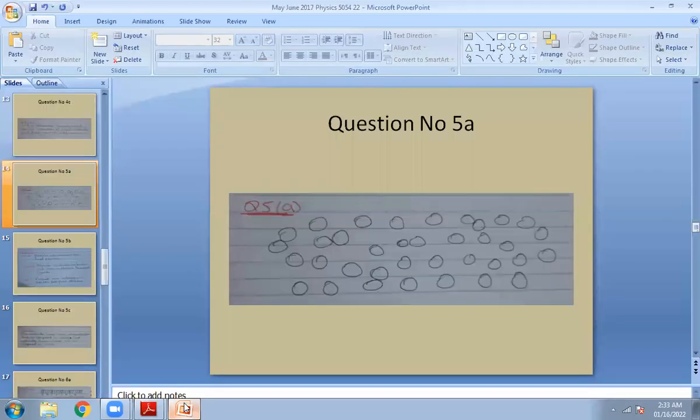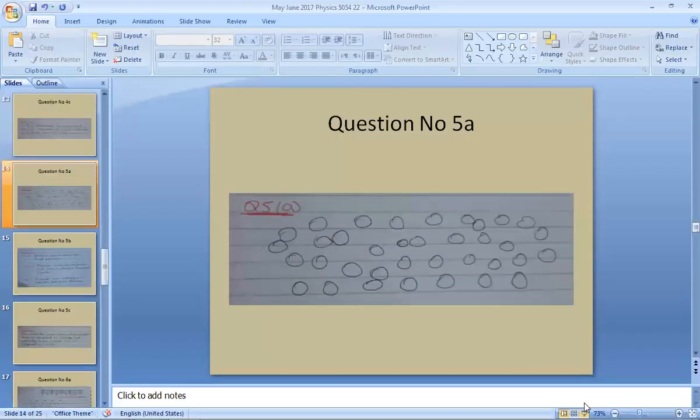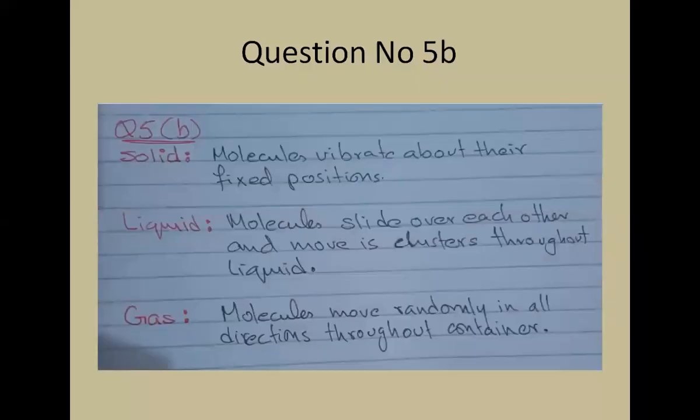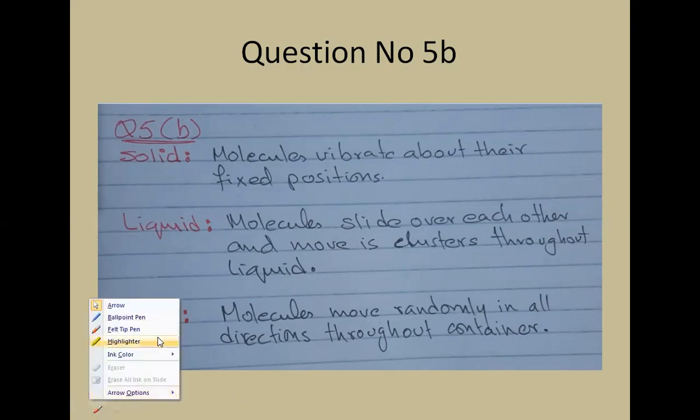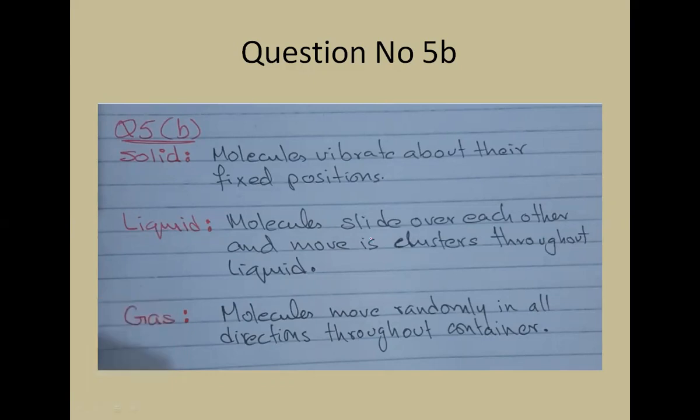Okay, so let me show you my answer, my written answer. Solid molecules vibrate about their fixed positions. Liquid molecules slide over each other and move in clusters. This word, instead of saying 'is', it's 'in clusters'. In clusters throughout the liquid.